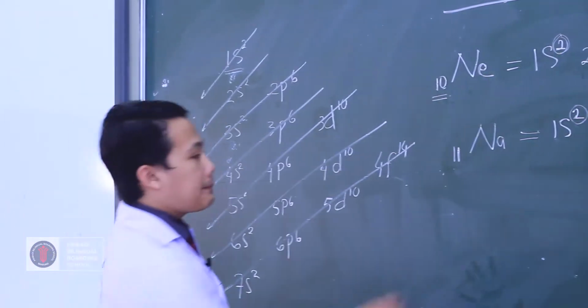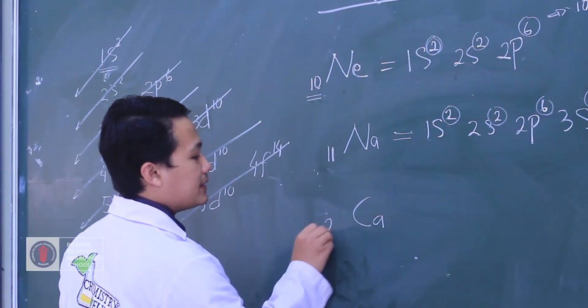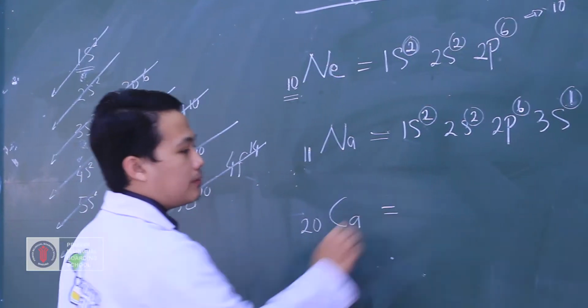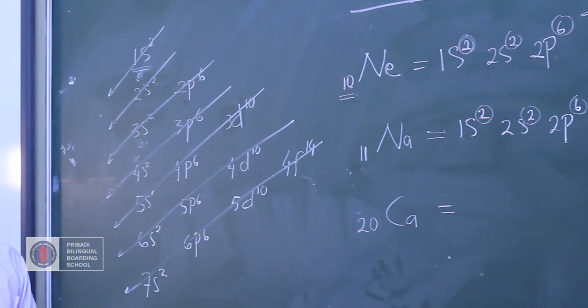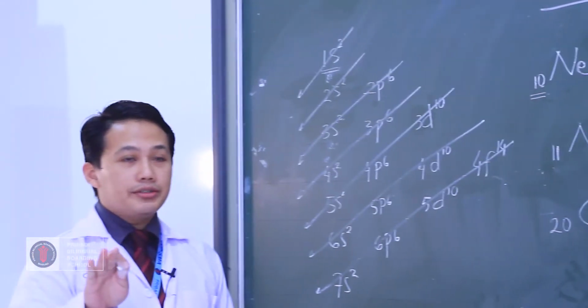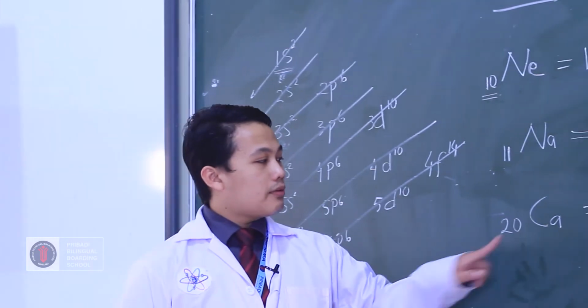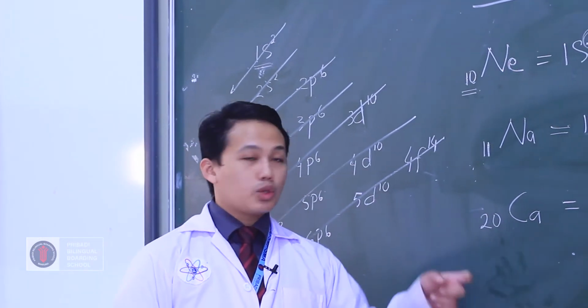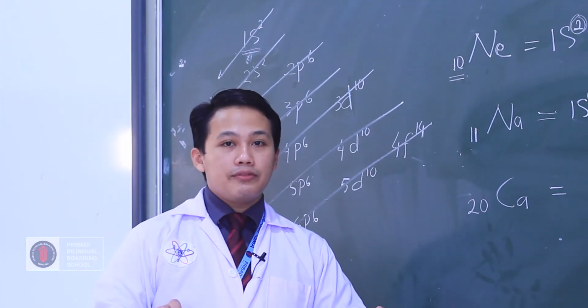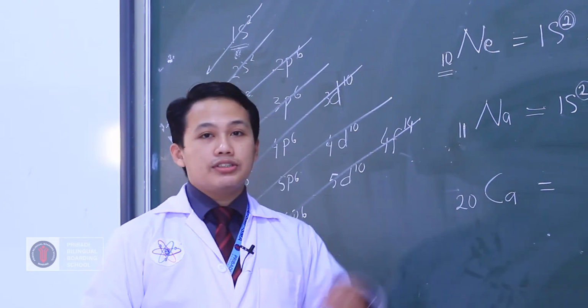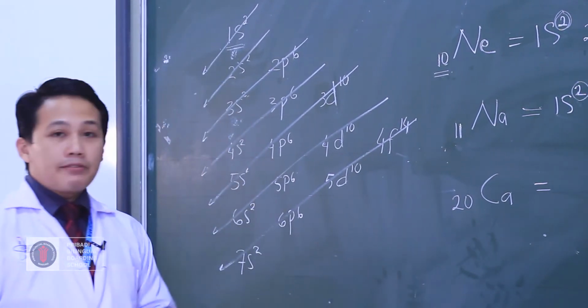I'll give you another example here. For example, calcium 20. Okay, so now please try to pause the video and try to write the electron configuration of calcium 20. Just stop the video, pause the video, and then we will continue. Okay, finished?